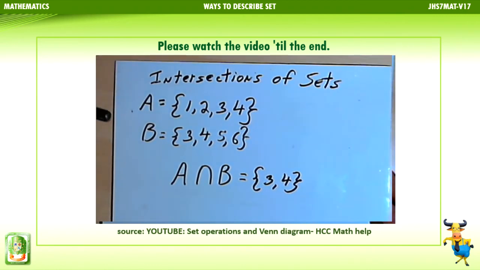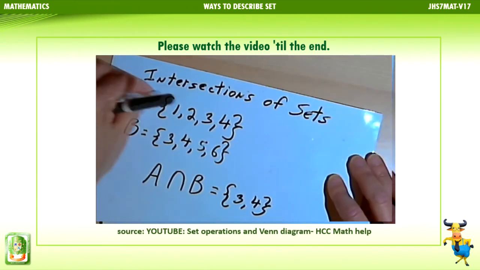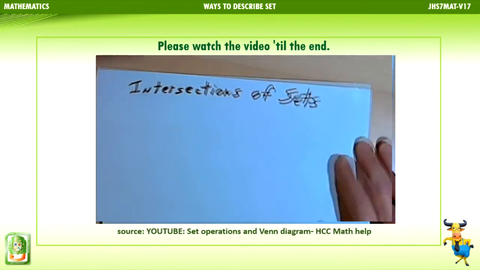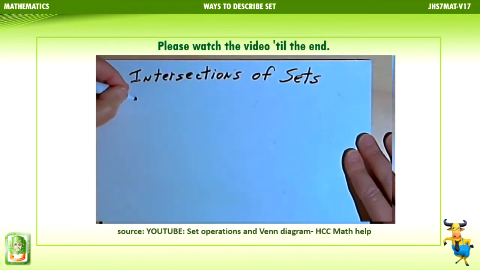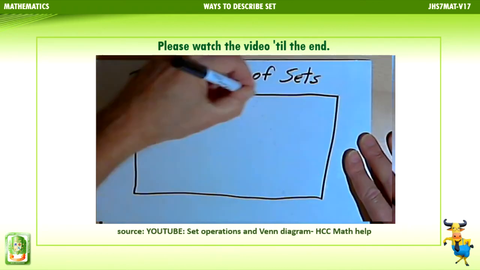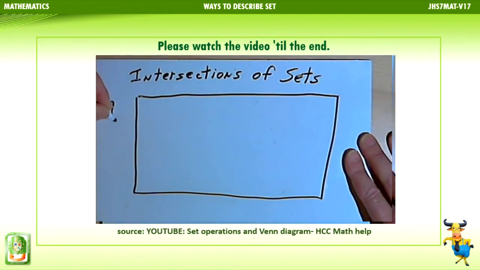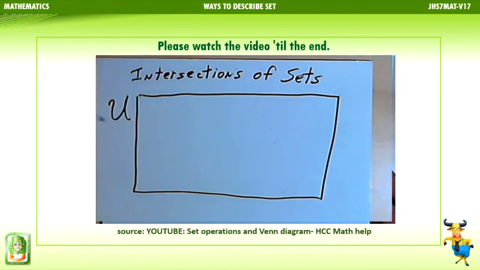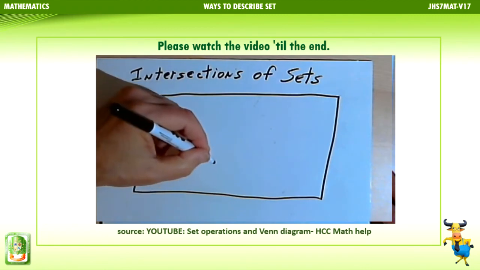Now, I can show the idea of intersections graphically with a Venn diagram. So I'm going to start the Venn diagram by drawing a rectangle, which will represent the universe that I'm dealing with. Maybe I'm dealing with all integers. And then I'll draw two circles.